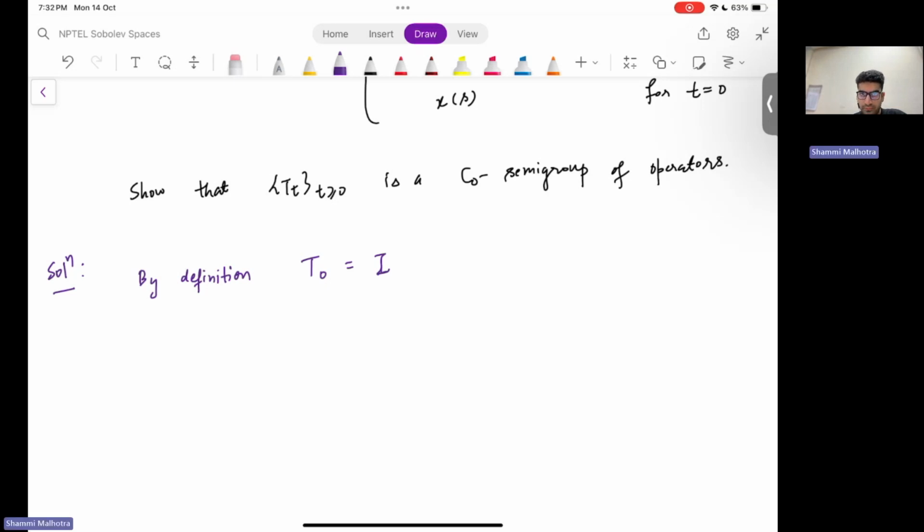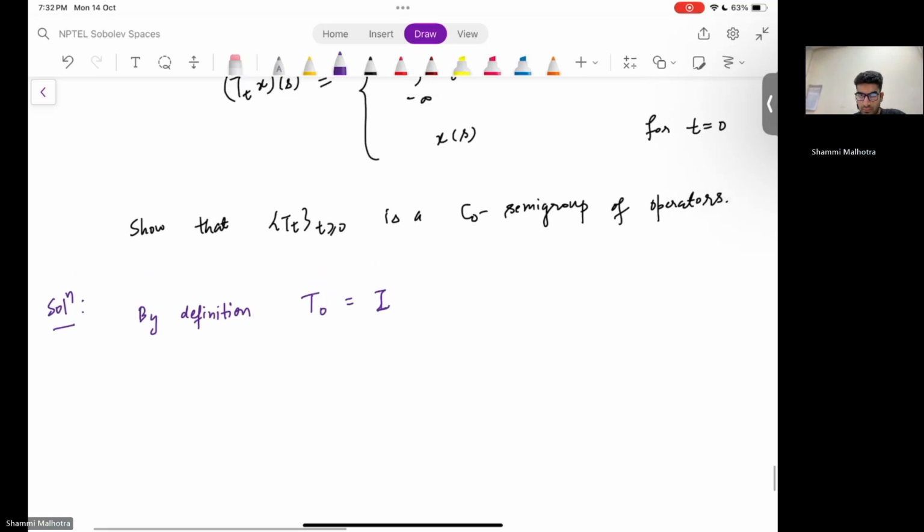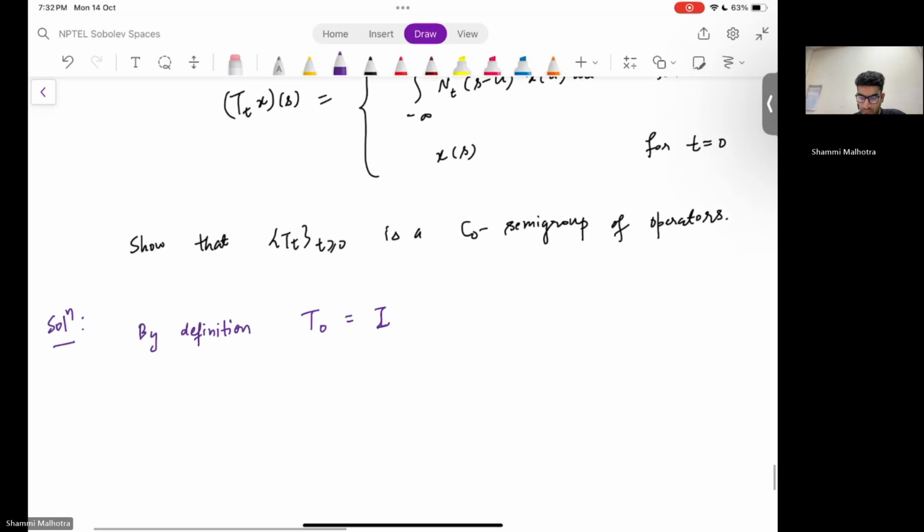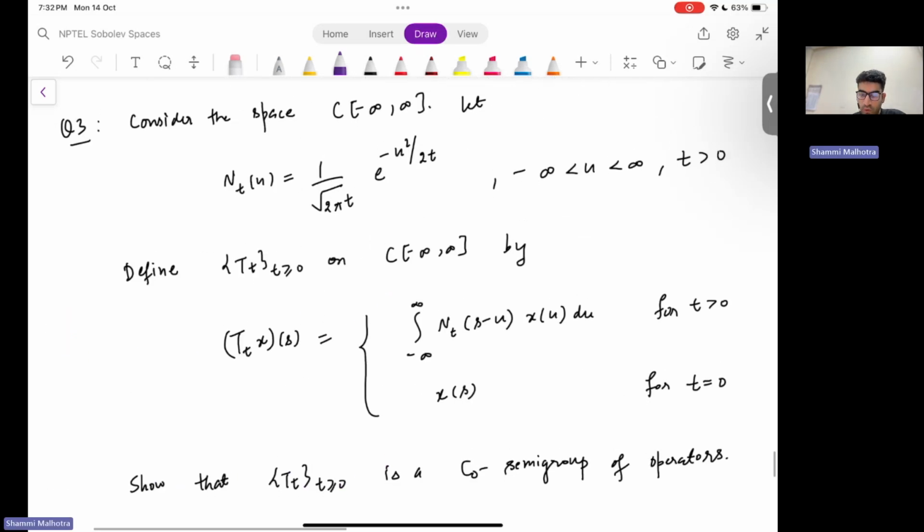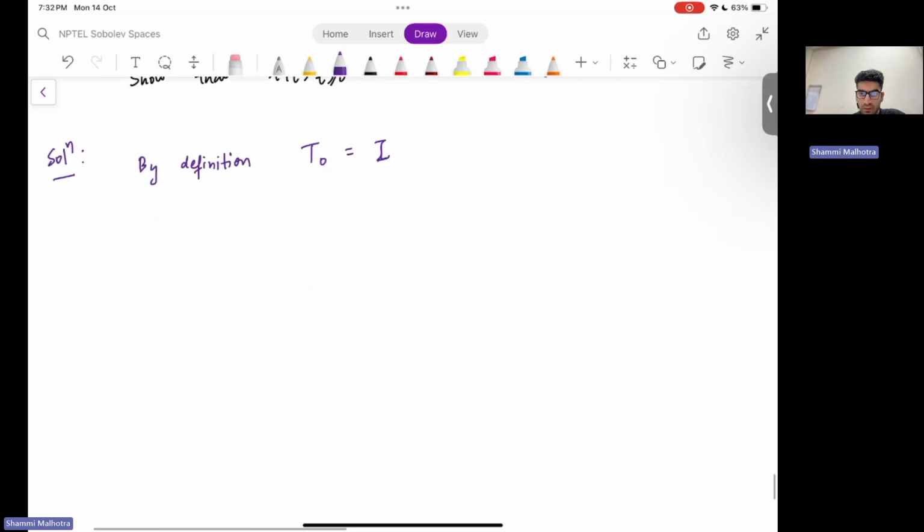And there's one more thing. This is a Gaussian distribution, so it will have integration equal to 1 only. This is something which we are taking, but again, this is very well known.